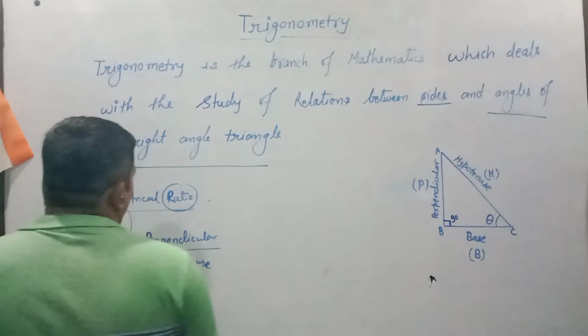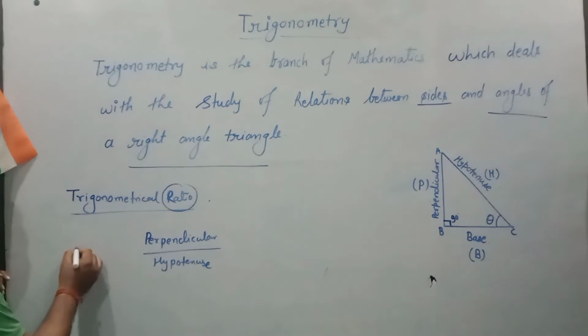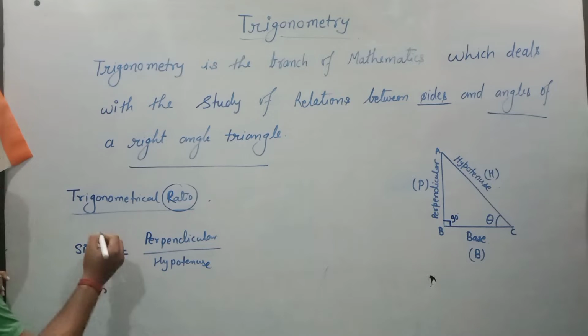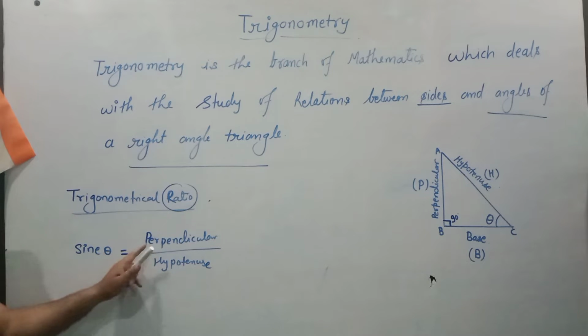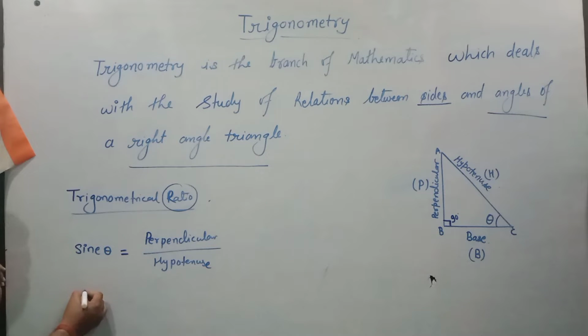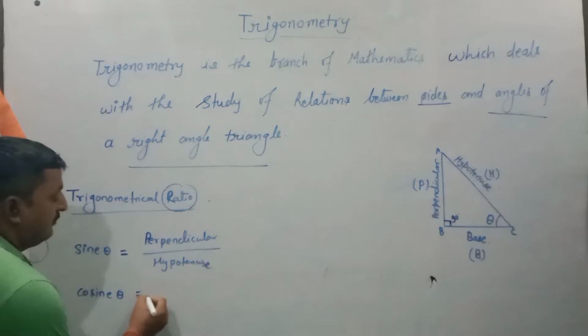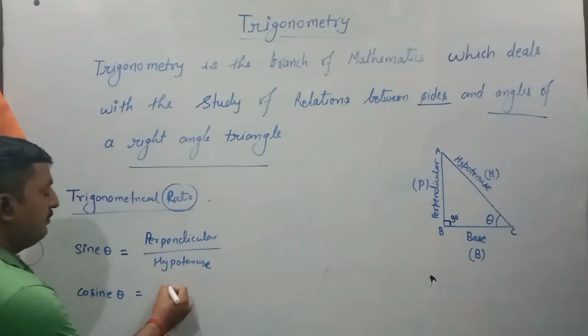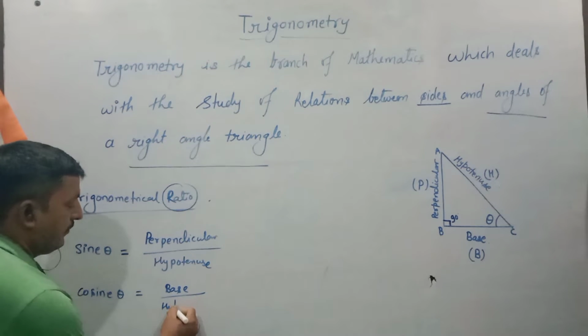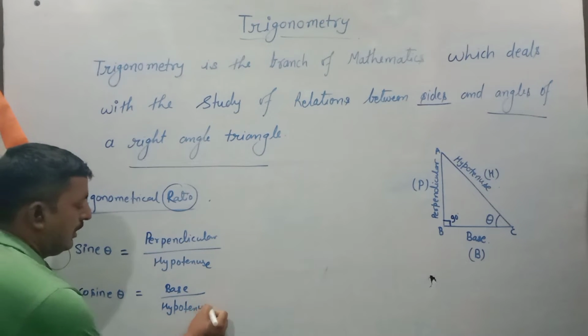Now, perpendicular upon hypotenuse is known as sine theta. Sine theta is equal to perpendicular upon hypotenuse, and another ratio is cosine theta, which is equal to base upon hypotenuse.